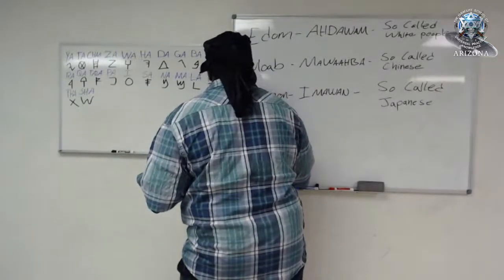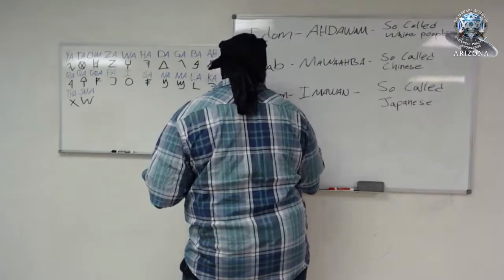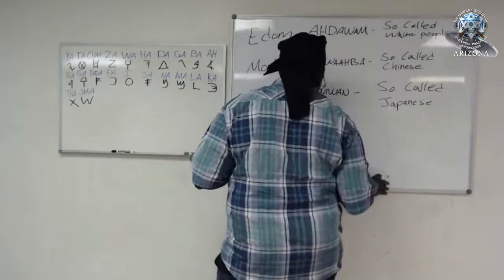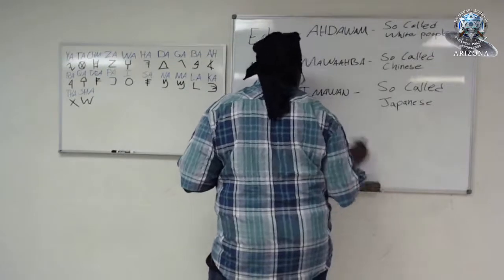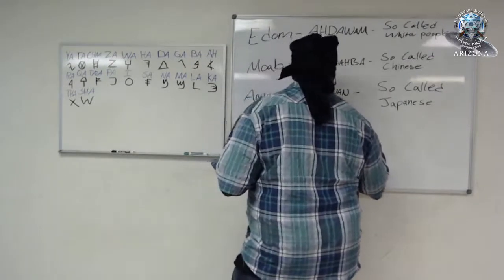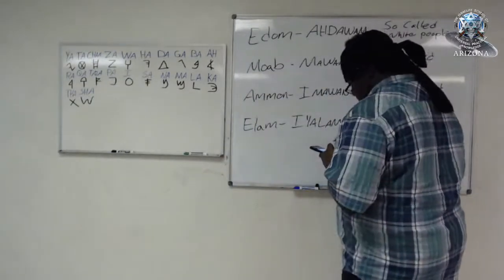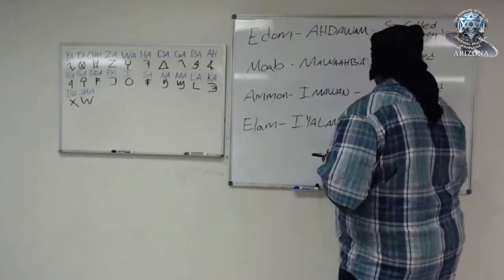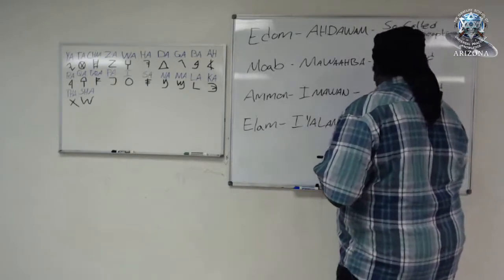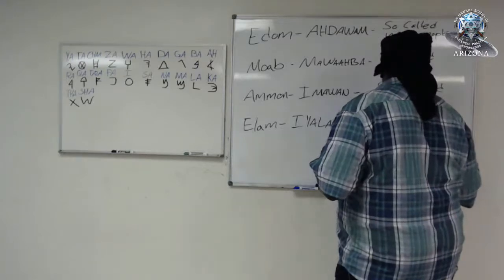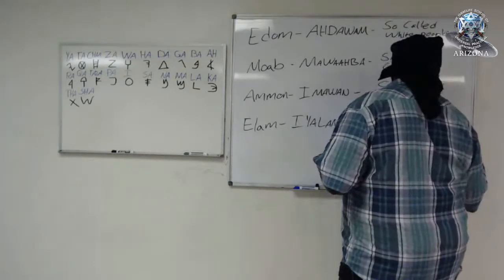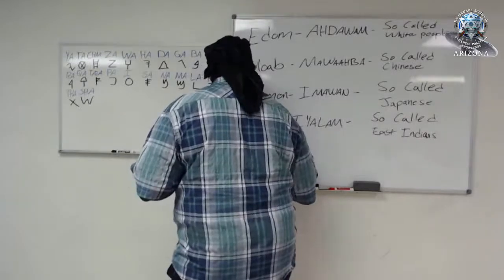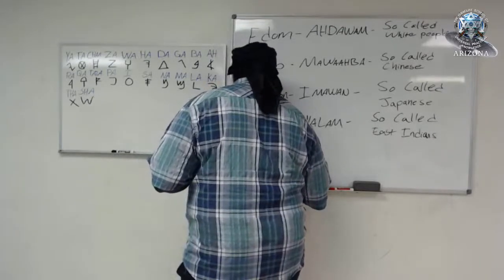Elam, which is Ayalam in Hebrew. These are the so-called East Indians. Here we got Ishmael.